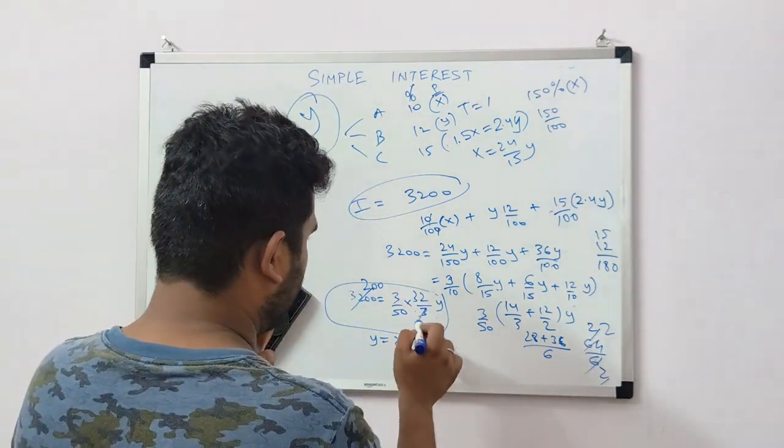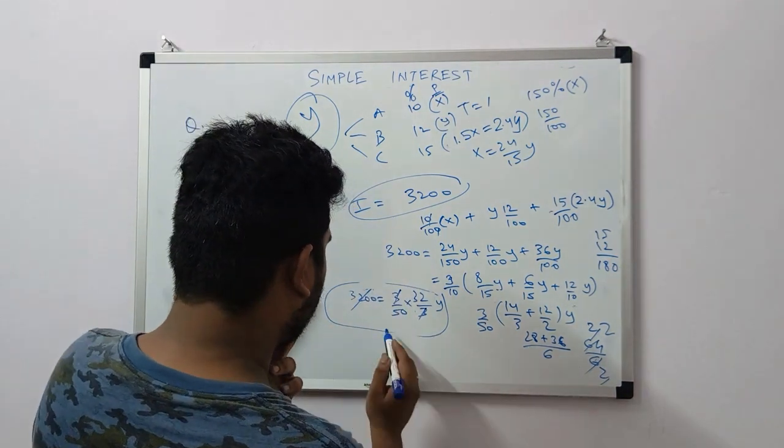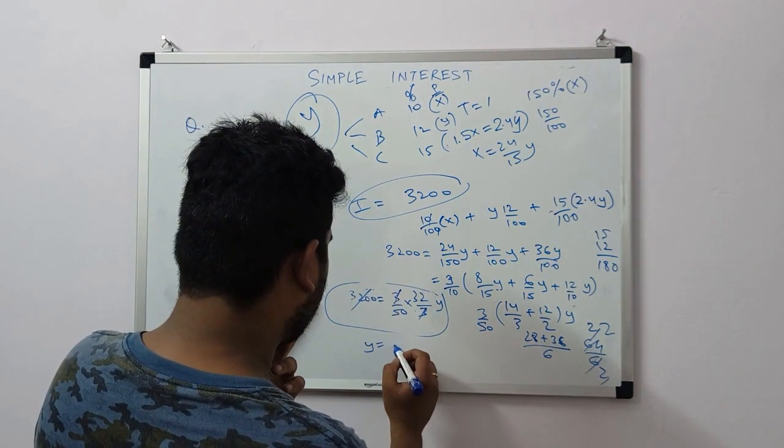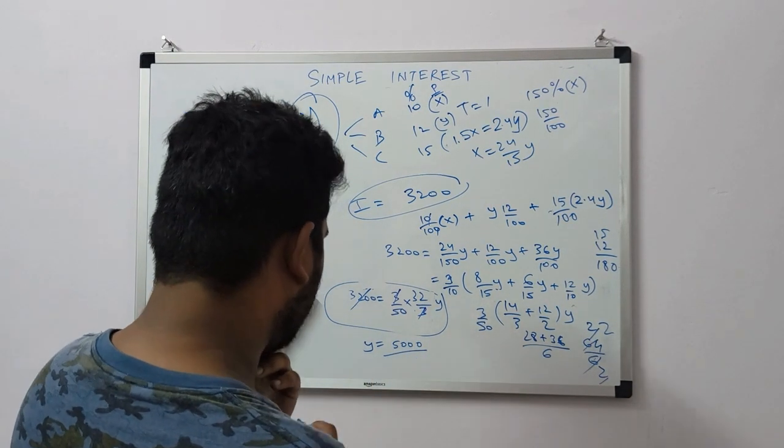Yes, 32 upon 3, 3 will get cancelled, 32 and 32 will get cancelled. And this will be simple and plain 500. That's it.